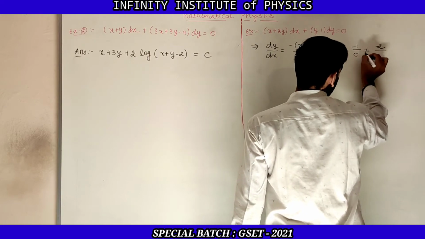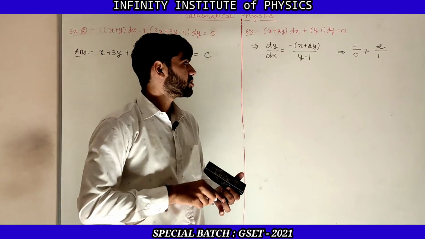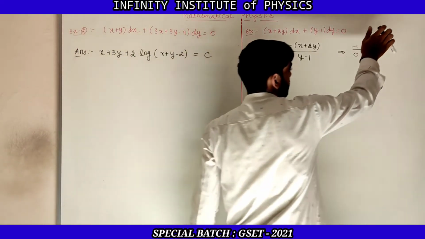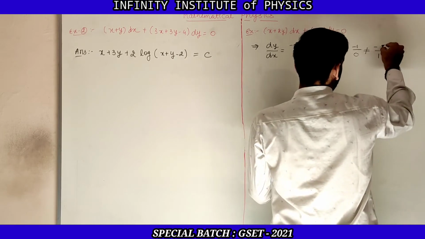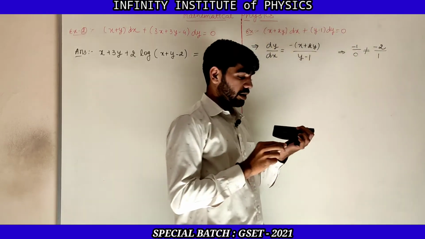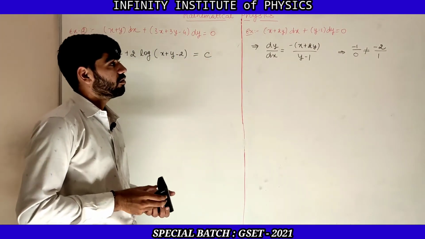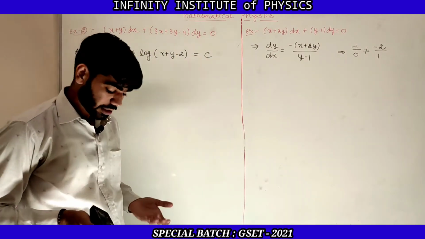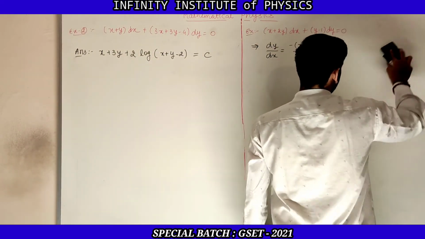So now these two are not equal. Minus 1 by 0 is not the same as minus 2 by 1, and that's why this is the case of the second kind, that is, the ratio is not the same.